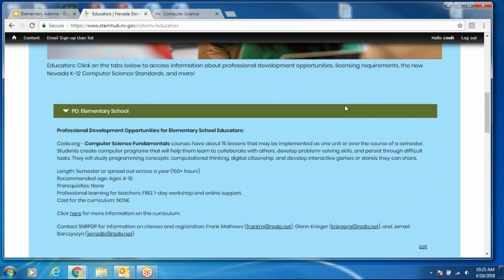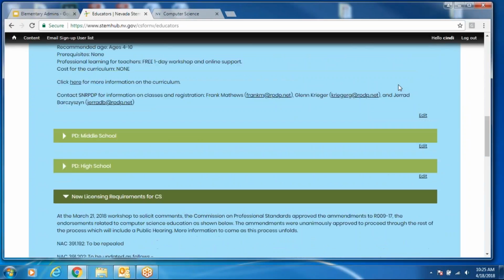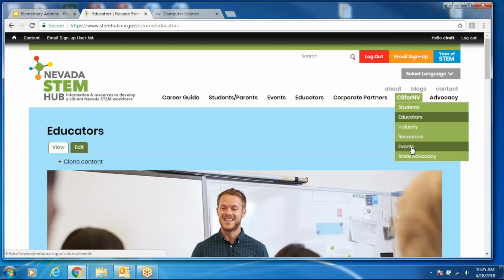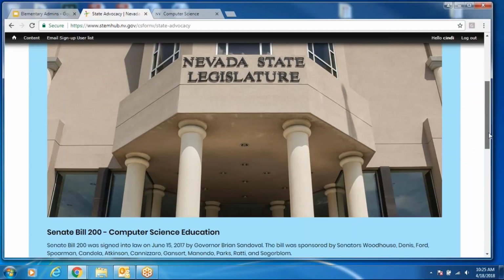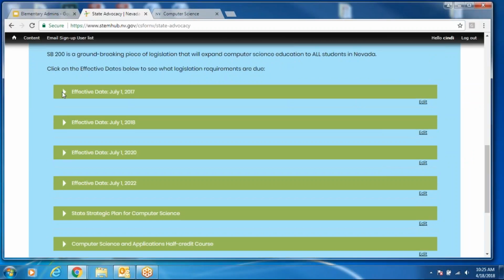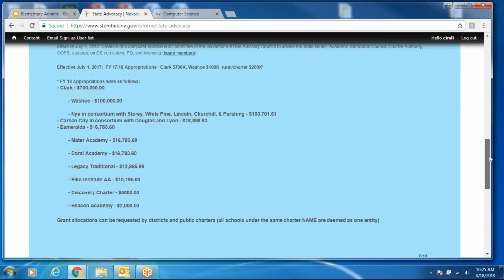Right, right. Okay. So let me go back to state advocacy, with the allocation that you currently have. Okay, so again, with the rurals, they took this 200,000, and some of them decided to get into consortiums.